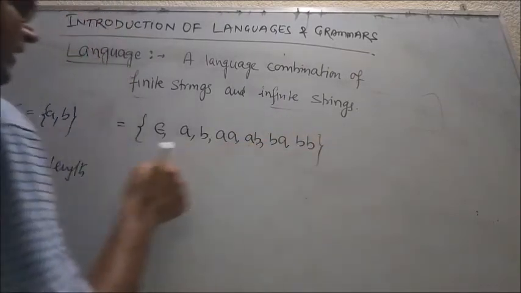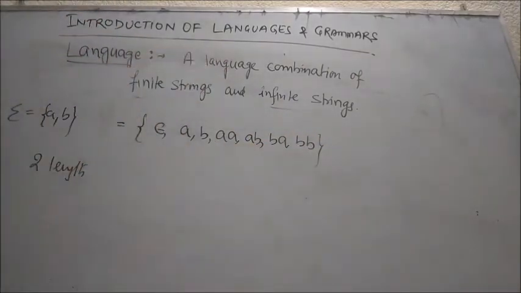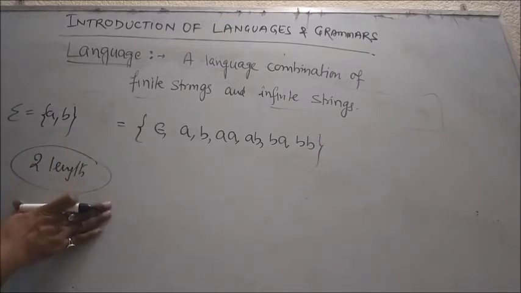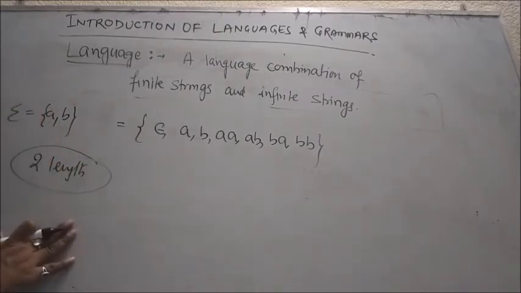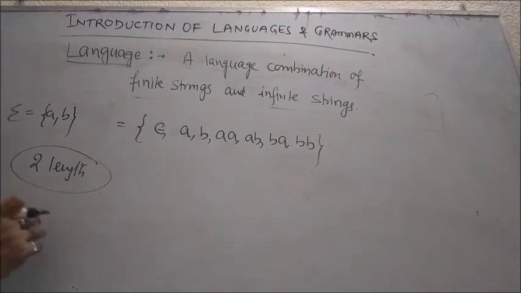This is the example of finite strings. Why is it finite? Because we have put a maximum limit that the string cannot go beyond length 2. Sometimes we can have strings of infinite length.